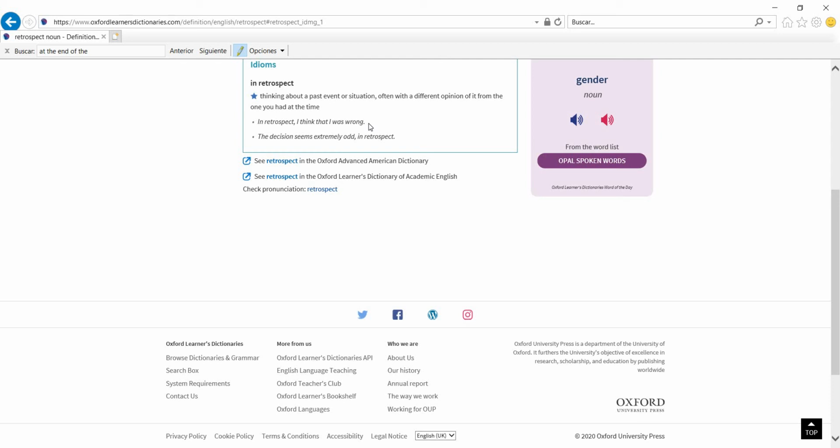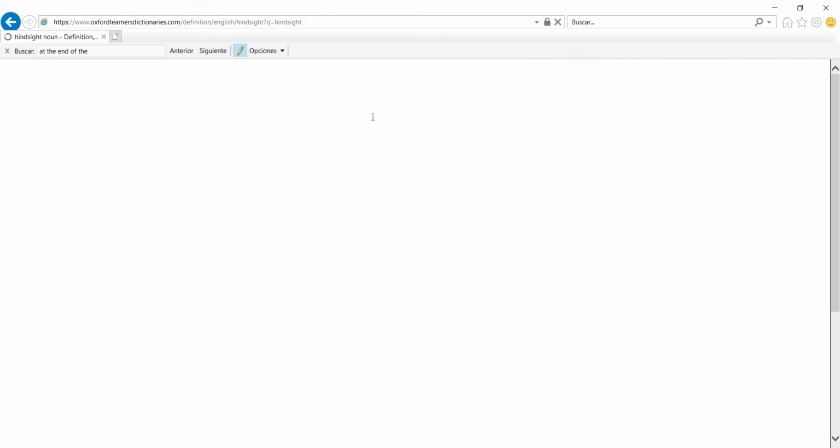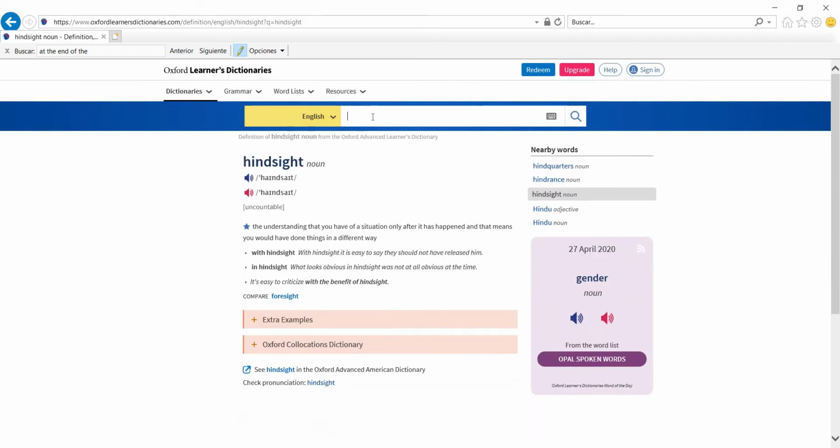And there's another expression that is very similar, which is with the word hindsight, right? In hindsight, or with hindsight, or with the benefit of hindsight. So with hindsight, it is easy to say they should not have released him. A friend of mine usually uses this expression in Spanish, that is, con el diario del lunes.